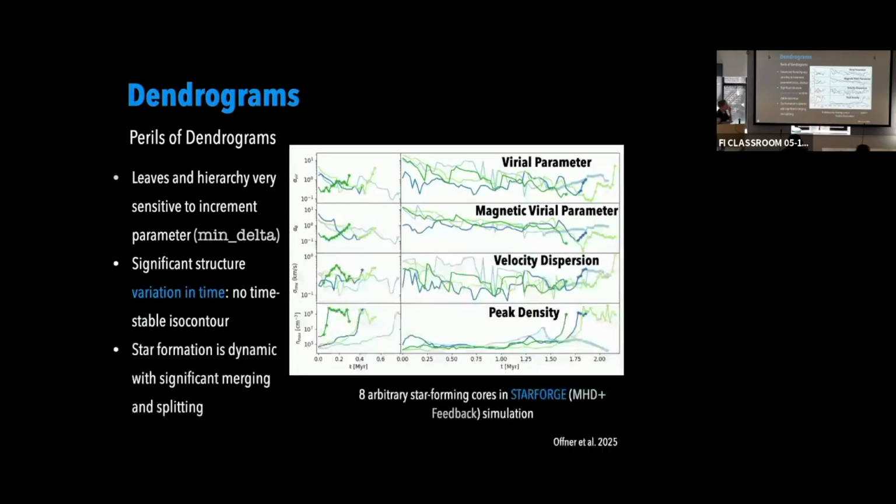So I revisited this with the StarForge simulations, and we did maybe a bit better job here because in StarForge, we did this dendrogramming on the raw data. All the cells have IDs. We were able to track them exactly, find out where the mass went. Moreover, it turns out whatever star formation you're doing, there's a lot of merging and splitting of structure.